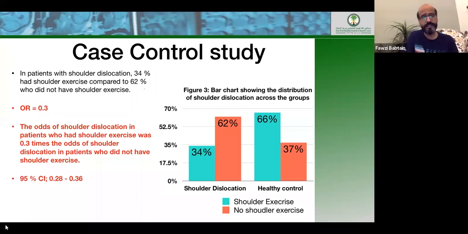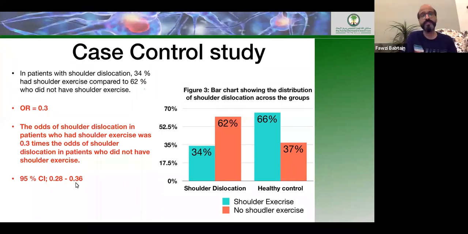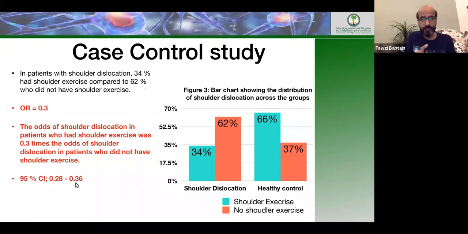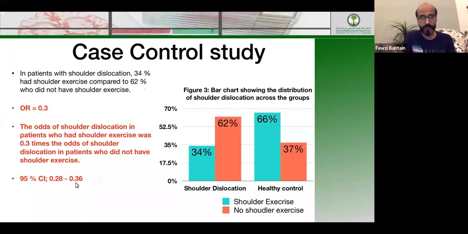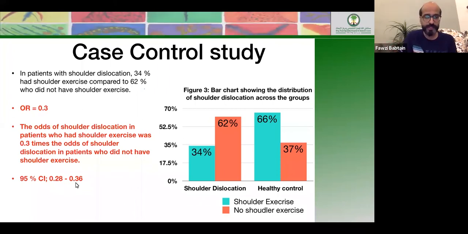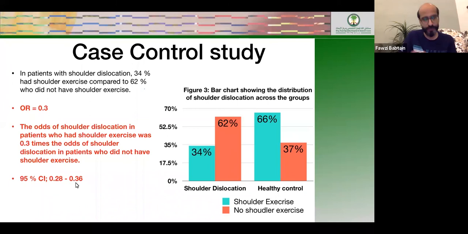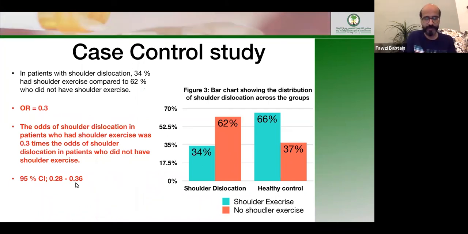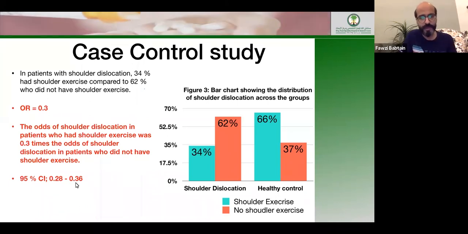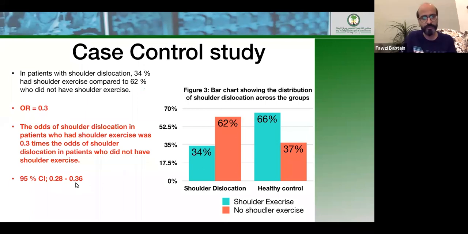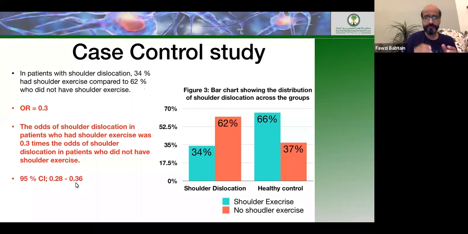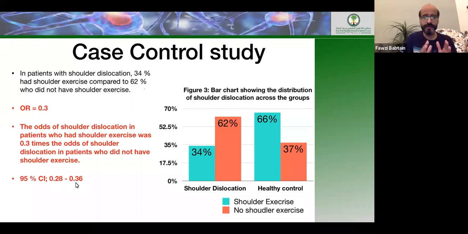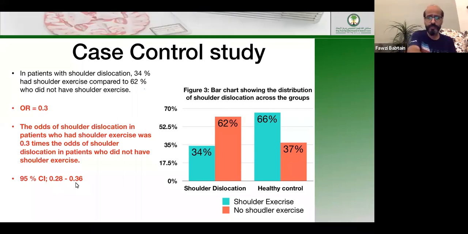I'm 95% confident that the true effect of shoulder exercise on shoulder dislocation ranges between 0.28 and 0.36, around 0.3 to 0.4. So with 95% confidence it really reduces shoulder dislocation within this range.